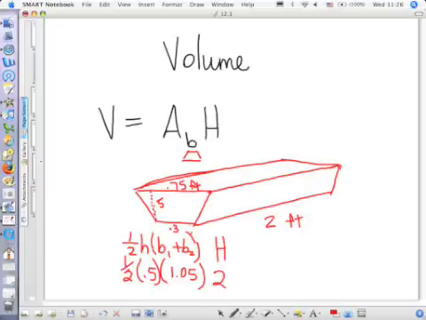And then you multiply all that out. Now, in volume, look what we just did here. We multiplied 1/2 a foot times 1.05 feet times 2 feet to give us feet cubed. Okay? Feet cubed. So let's multiply this out and just see what we get.